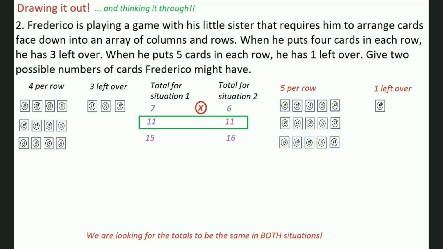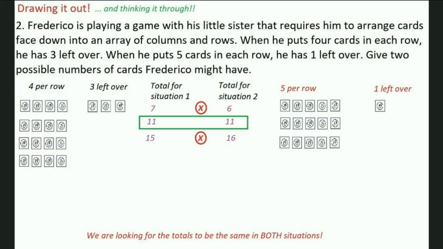Before I go on, let me mention the matches don't have to be in the same row. They don't have to be at the same time we're setting them down. So the matches could be in different rows. What we're looking for are 2 numbers that match each other. All right, so we know 15 and 16 don't match.